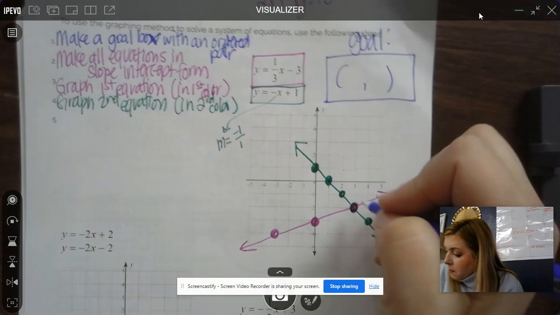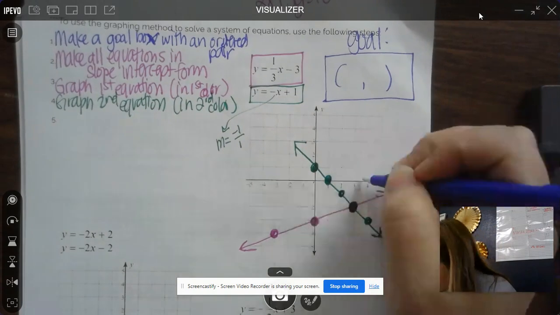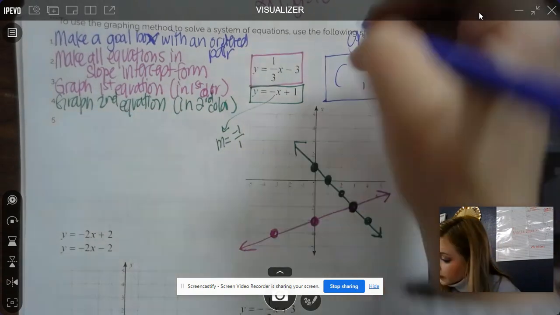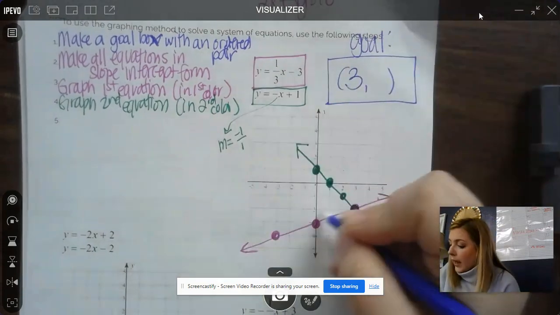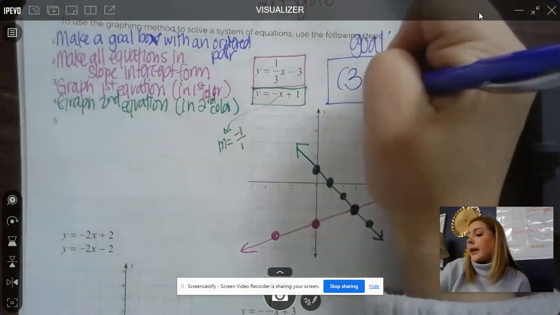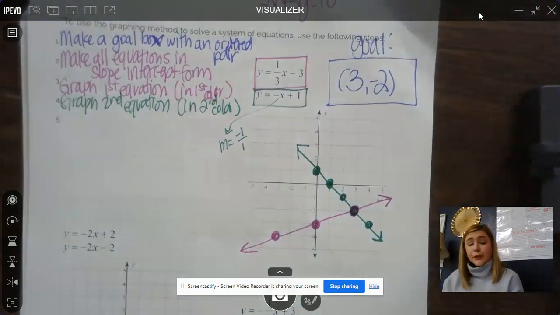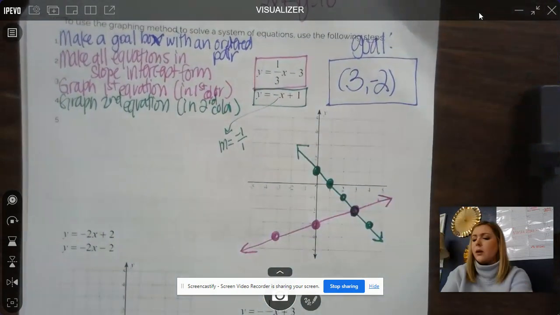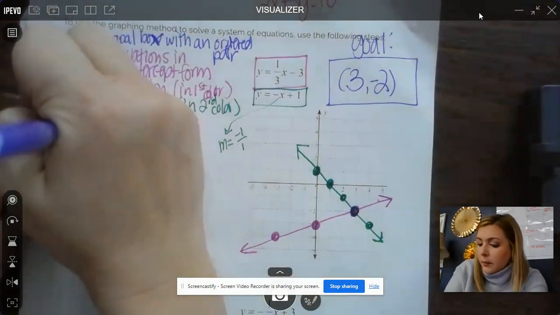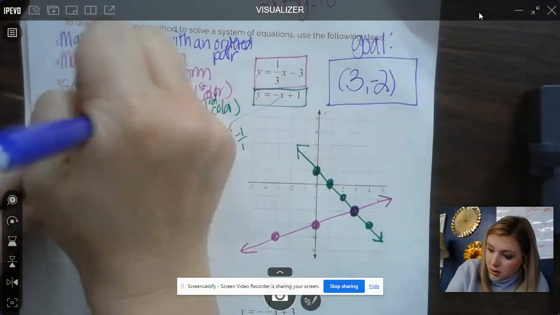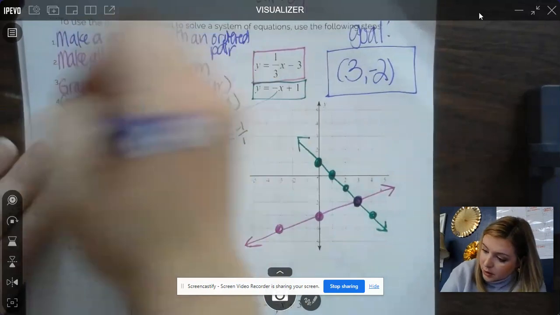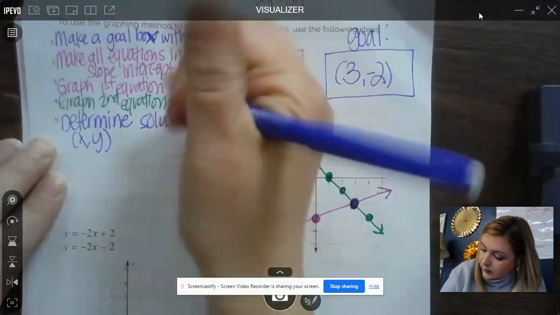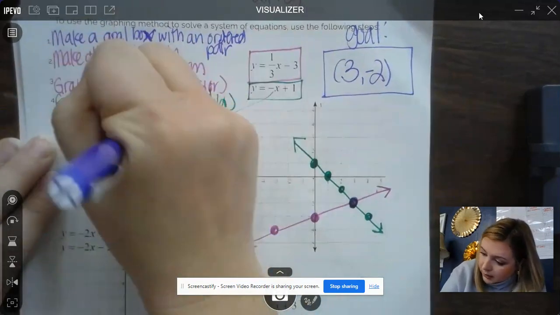If I mark the point, this is where x is 3. Look where I'm going, write it. Excuse me. And y is -2. So that fifth step of criteria is simply going to be determine solution, which is the x and y, from graph.